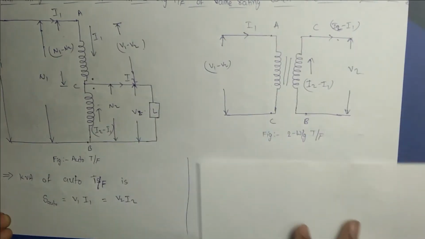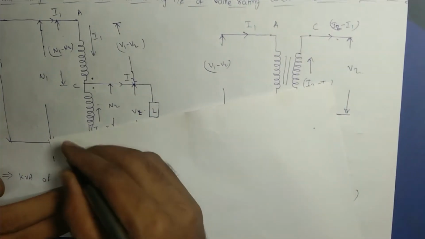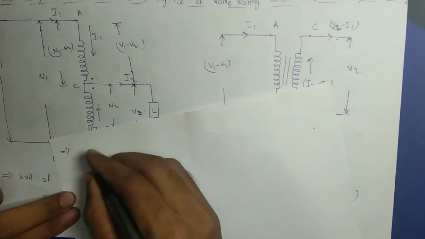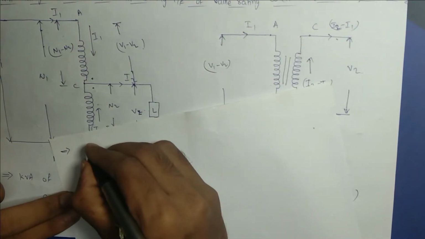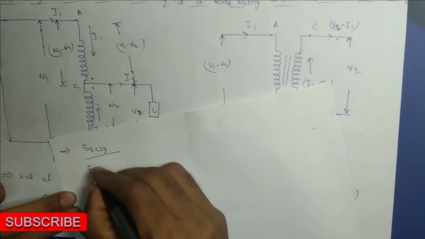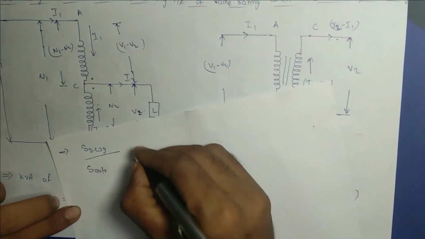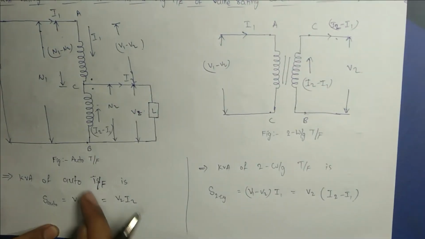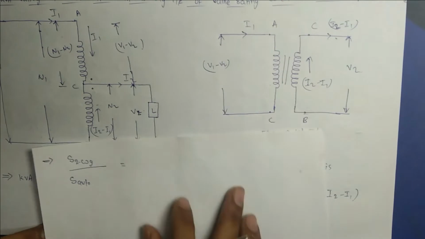Now divide kVA of two winding transformer with auto transformer. kVA of two winding transformer by kVA of auto transformer is equal to... You take either primary side or secondary side. I will take primary side.